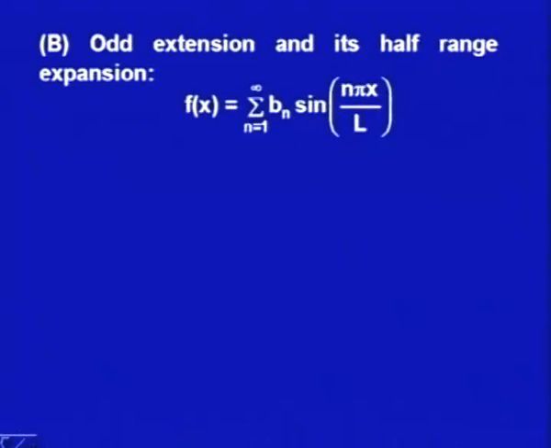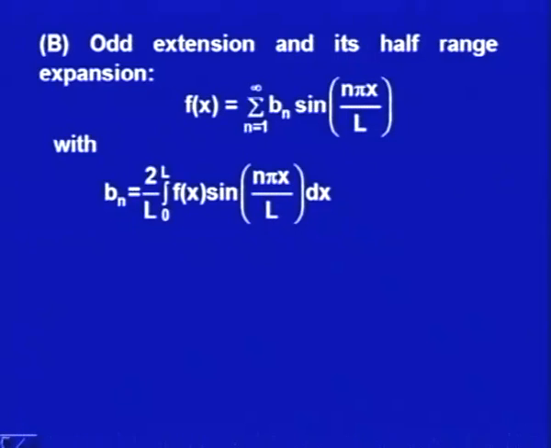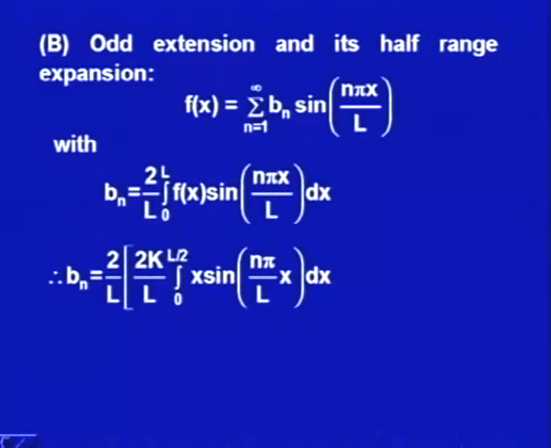Because the function is odd, it should be a Fourier sine series, that is, I would get a series of the form summation n running from 1 to infinity of bn sin n pi x over L, with bn as 2 upon L integral 0 to L f(x) sin n pi x over L dx. So evaluate for our function what my bn is.